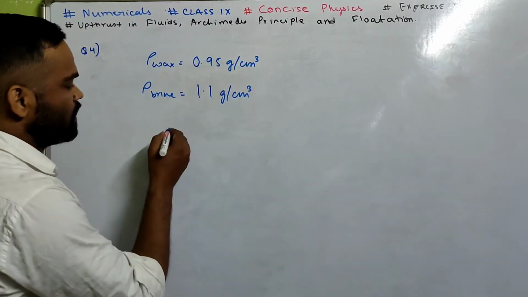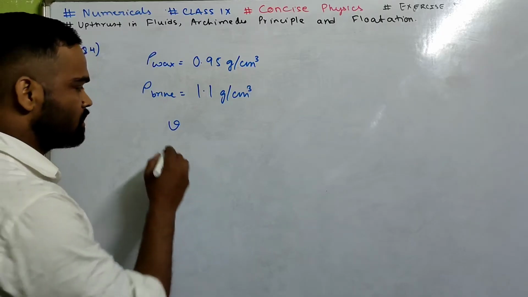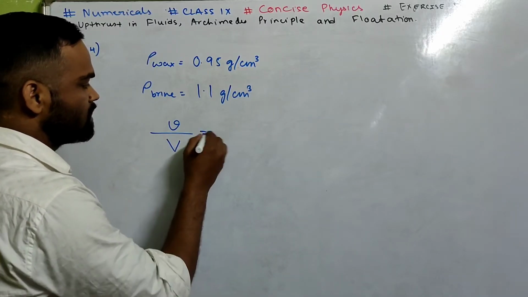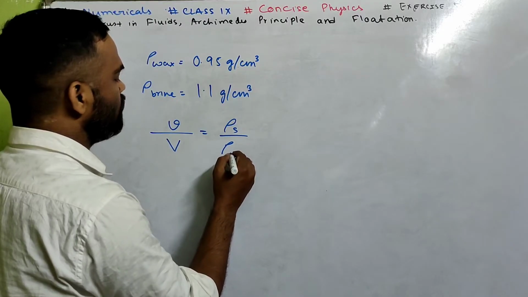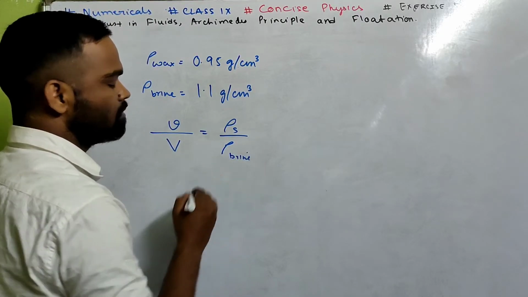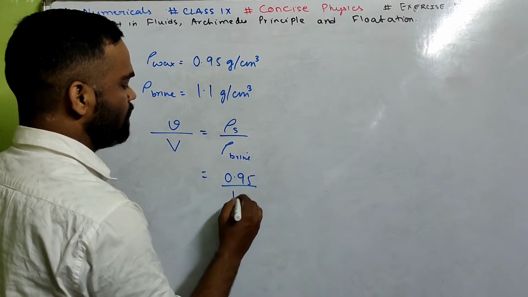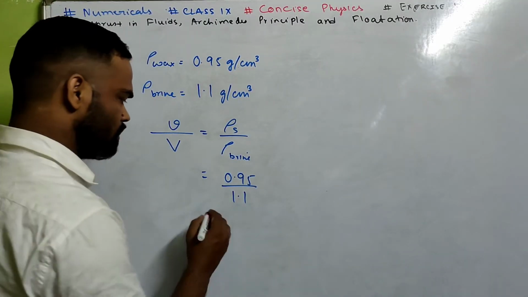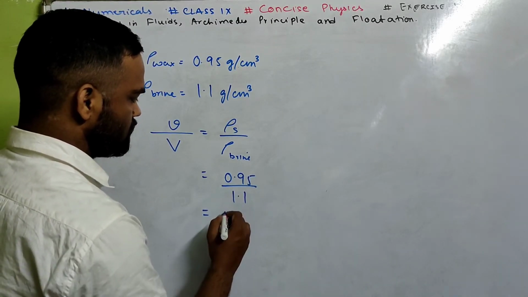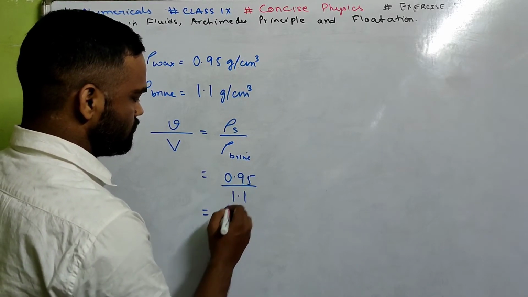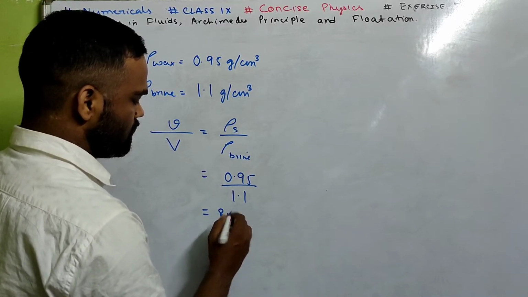Now look carefully. We have the relation: volume of the portion immersed by total volume is equal to density of wax by density of brine, the liquid. So this is 0.95 by 1.1. Yes or no? Let us solve it.